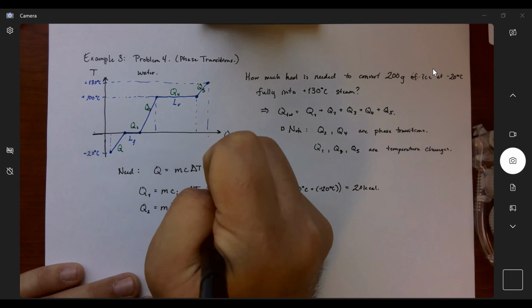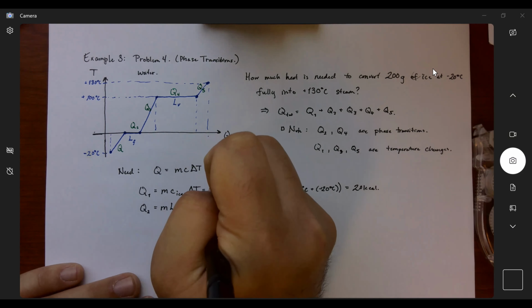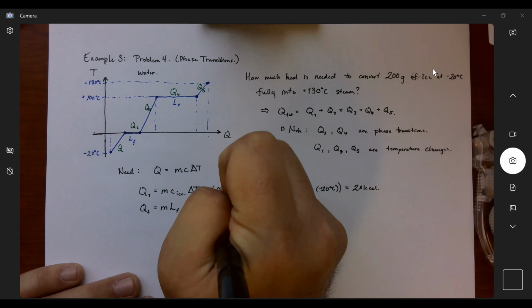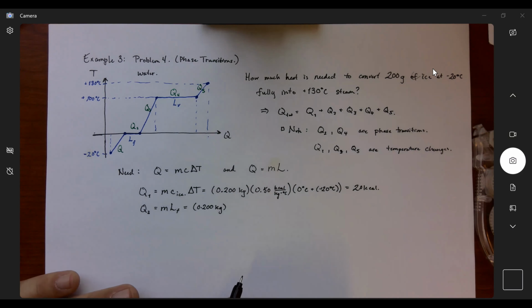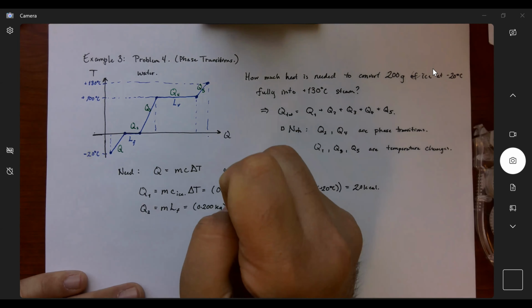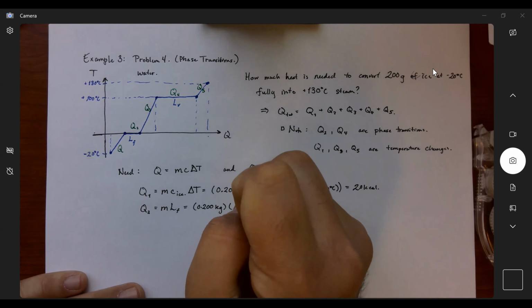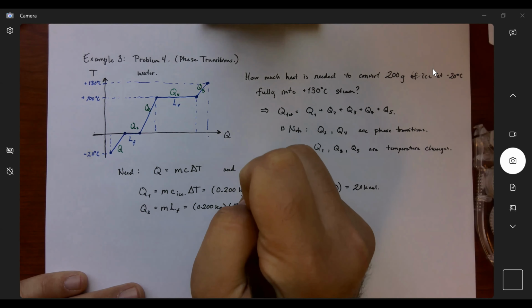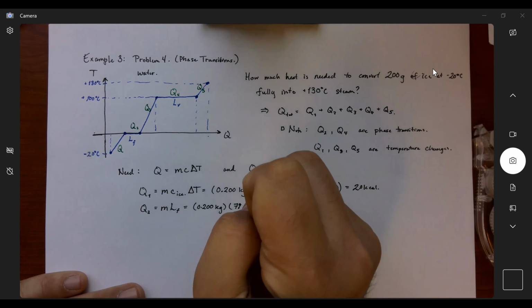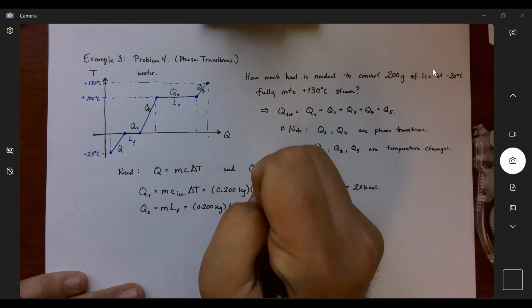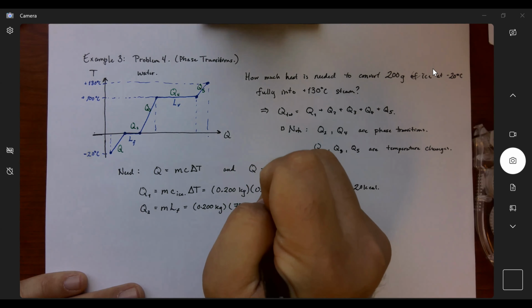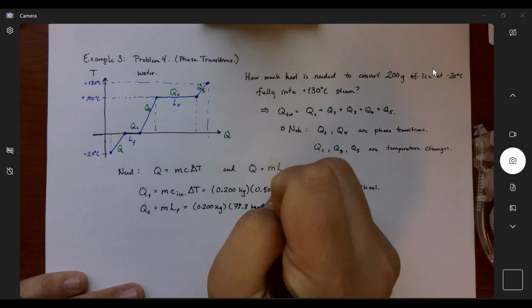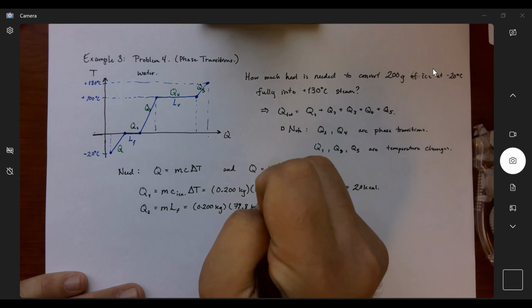Again, the mass of this ice being converted into water is still going to be 0.2 kilograms. We're converting all of it into water. And the latent heat of fusion for water is 79.8 kilocalories per kilogram.